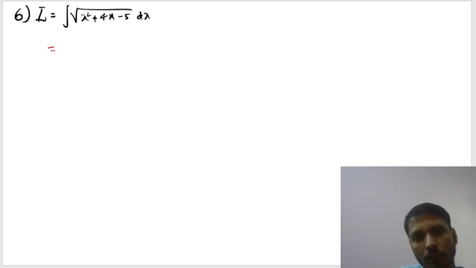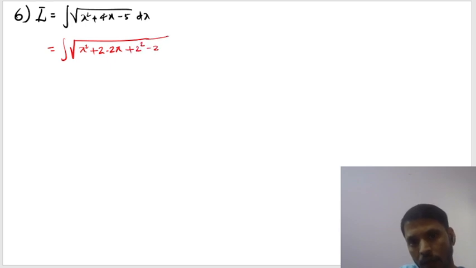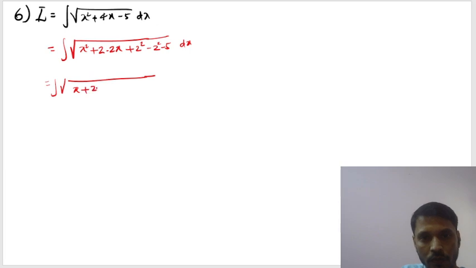That means it will become integration of under root of x square plus 2 into 2 into x plus 2 square minus 2 square minus 5 into dx. That means here it will become integration under root of (x plus 2) whole square minus 9.